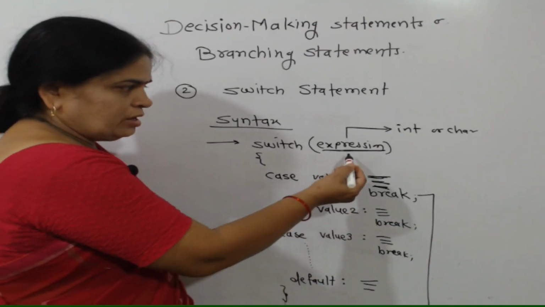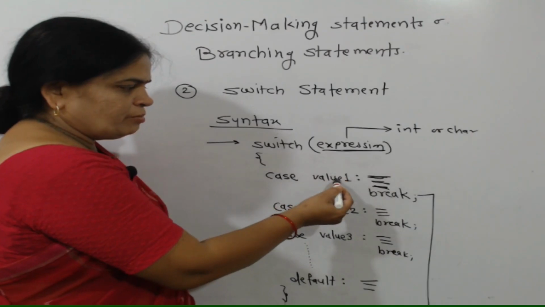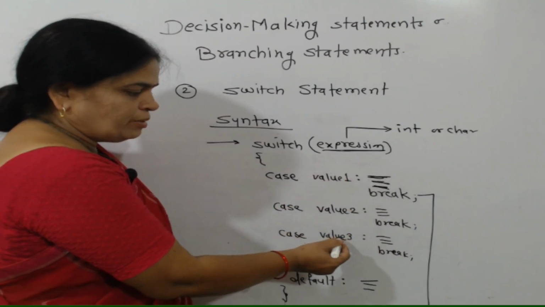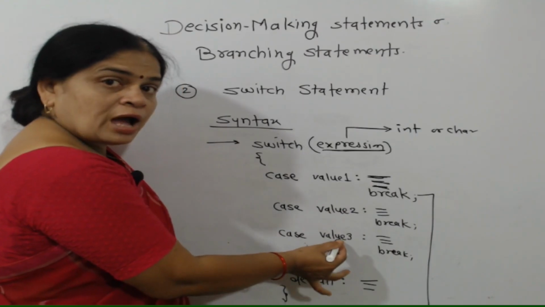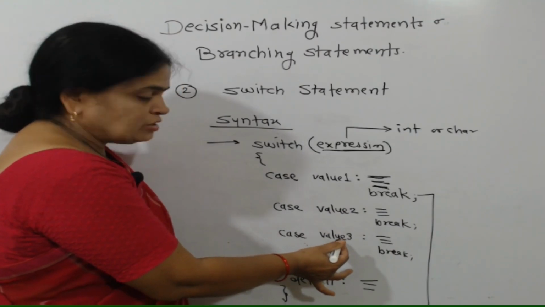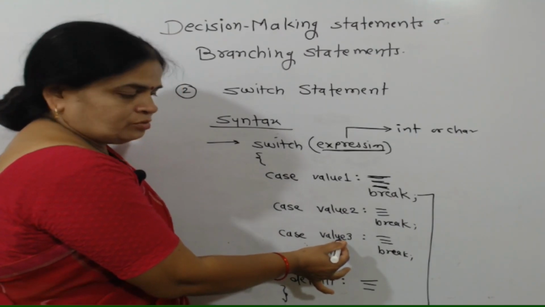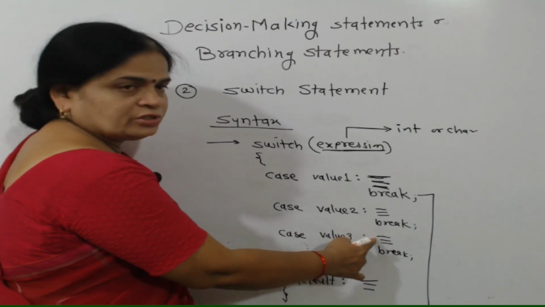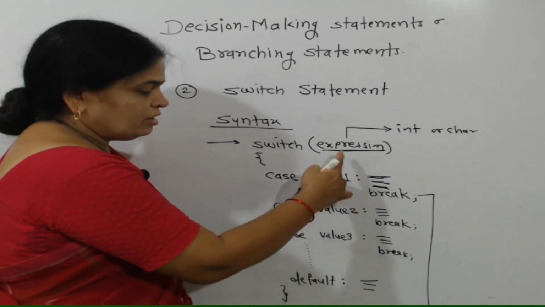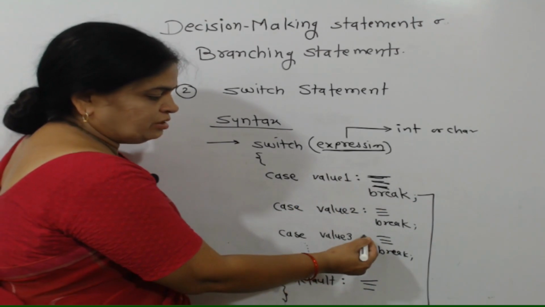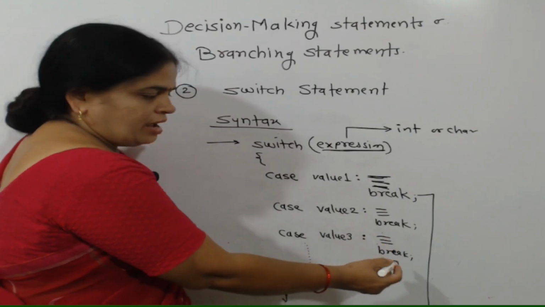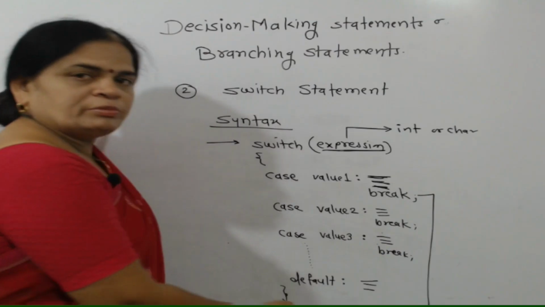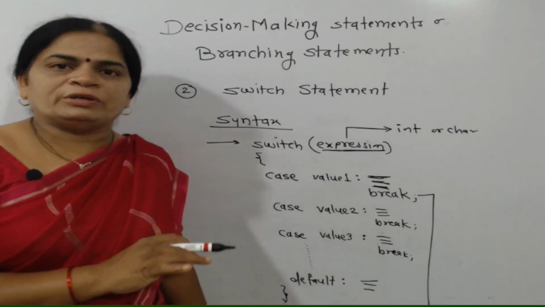In this way, the value of the expression will be matched with case values one by one, and wherever a match occurs, the statements after that case label will be executed and with the break, control will be transferred out of the switch statement.